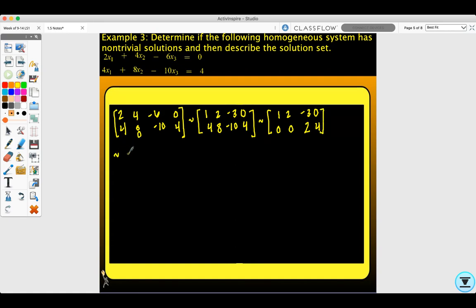From here, I can do half of row 2 again. And lastly, 3 times row 2 and add it to row 1 to get rid of that -3 above.